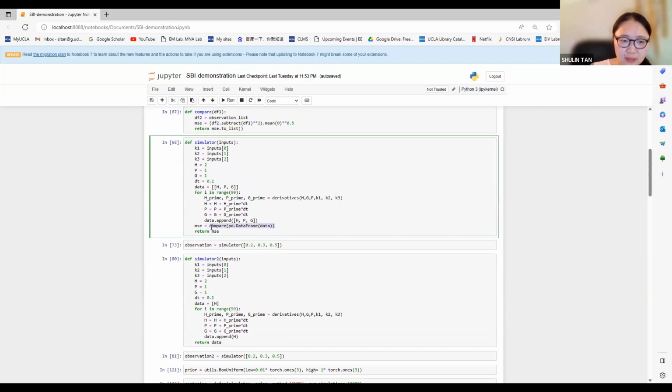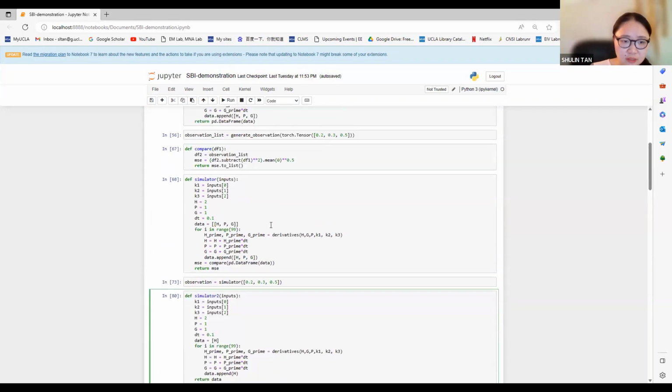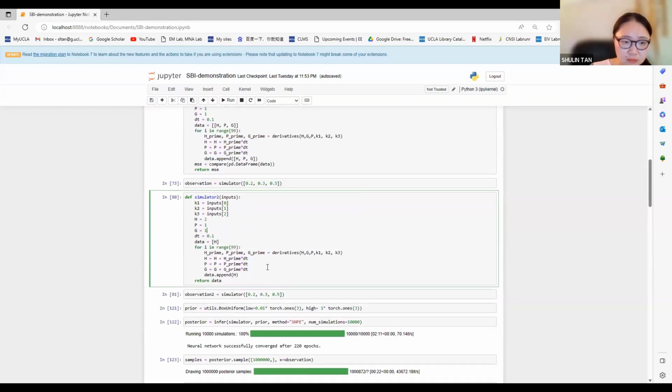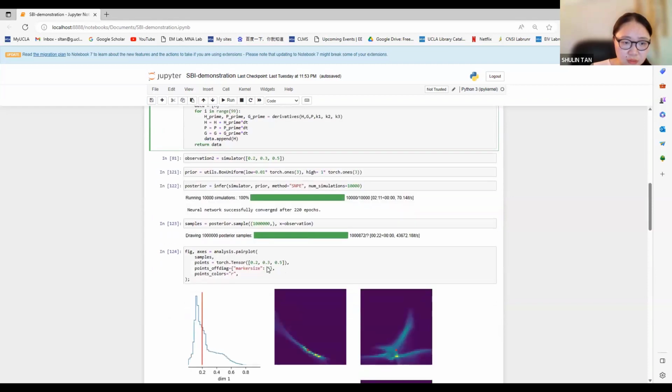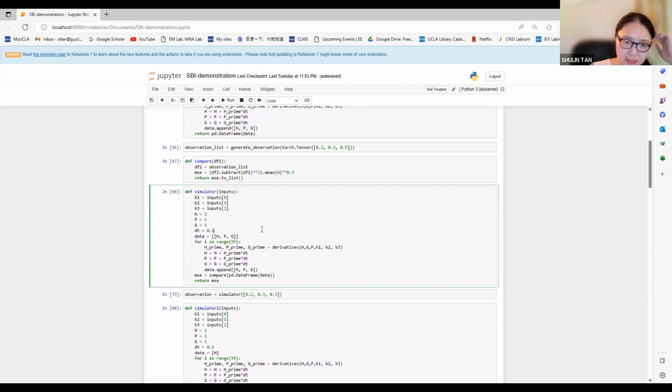I thought that SBI can only take a numerical output. I find that SBI can only take a limited number of outputs.